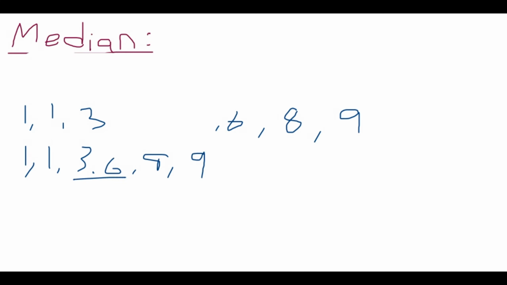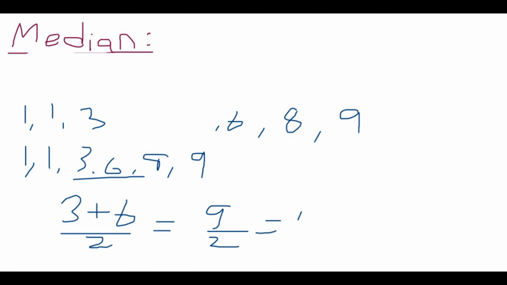Now 3 and 6 are at the center, and if we are to find the median, we have to add the both of them and divide them by 2. So we'll have 3 plus 6 divided by 2, which is 9 divided by 2, and 9 divided by 2 is 4 and a half, or 4.5. This is your answer.